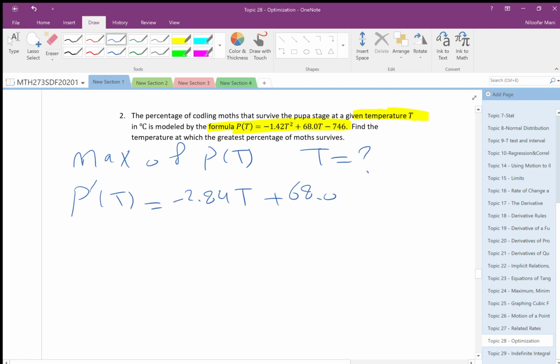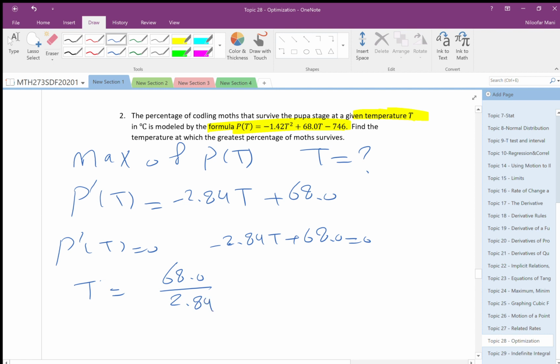Okay. So then I set P prime(T) equals 0, and then it is minus 2.84 T plus 68 equals 0, and then T is 68 divided by 2.84.